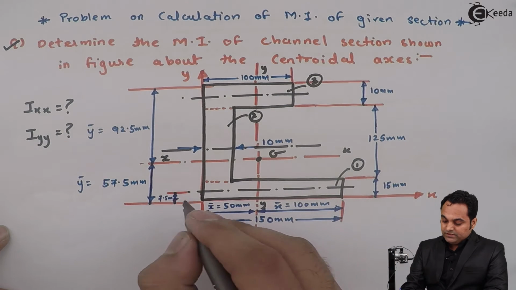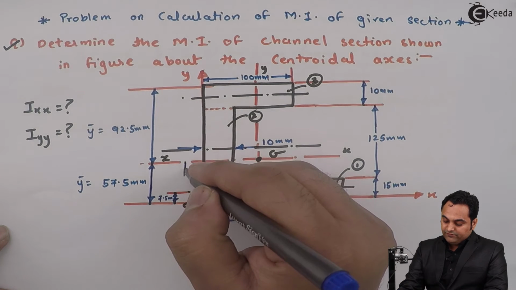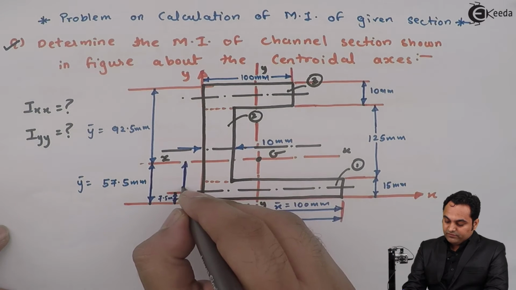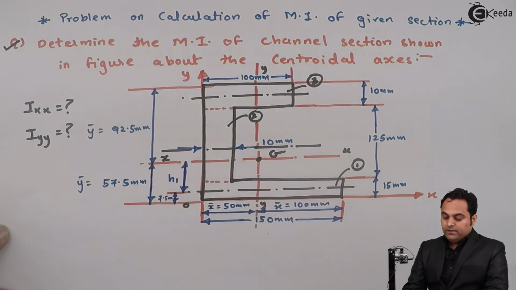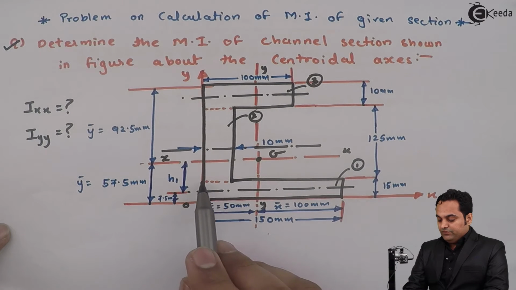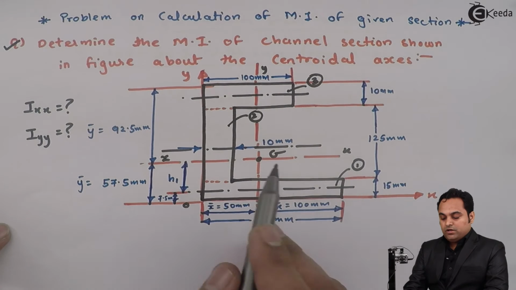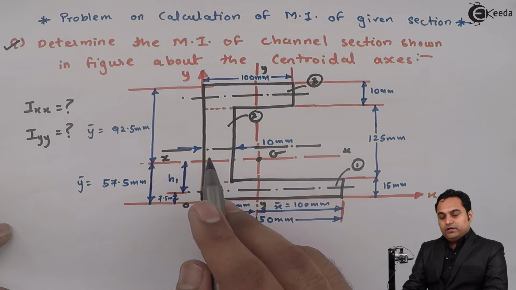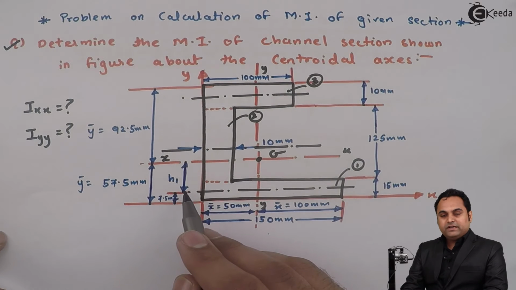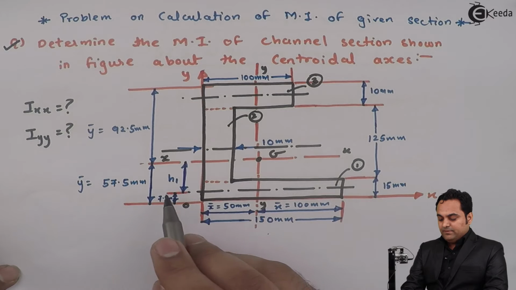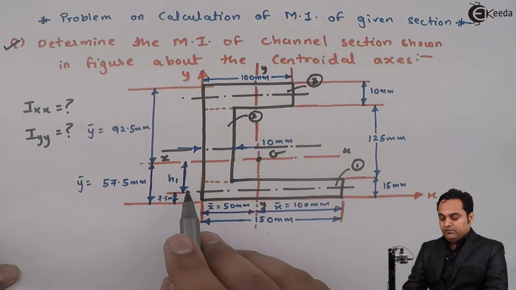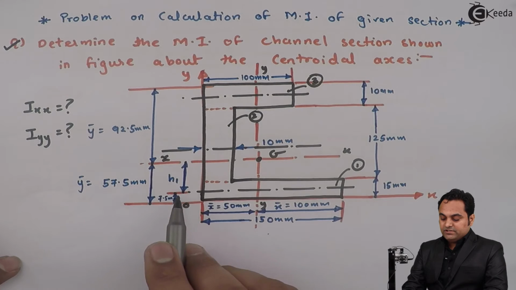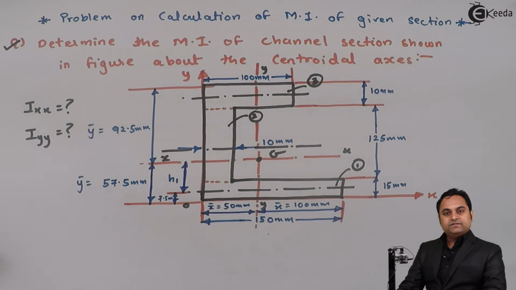So there is a difference between the two axes, and that difference is called h1. Here we are calculating the moment of inertia for rectangle number 1 about the centroidal axis, so we have to use the parallel axis theorem. If the distance between the two axes were 0, that is, they were passing through the same line, then there would be no need of the parallel axis theorem. But here, since there is some distance, we have to use it.